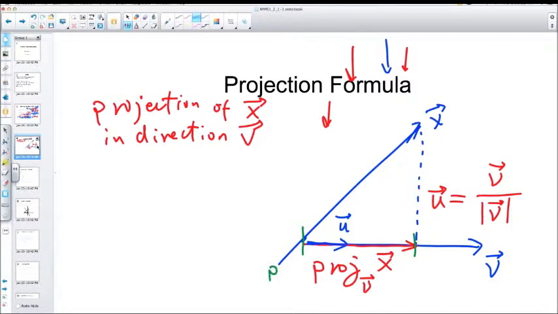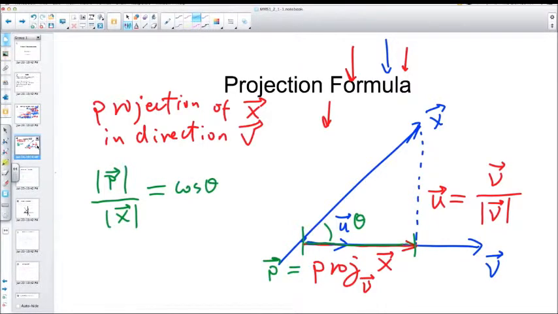Let me call this vector p. The length of p follows the trigonometry, right? The p divided by the length of x equals cosine theta. So the adjacent divided by the hypotenuse equals cosine. So this p really equals x times cosine theta.